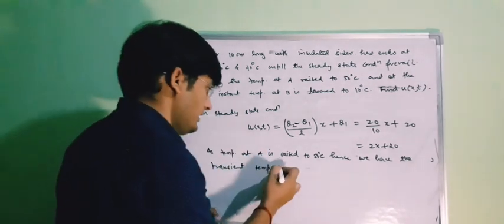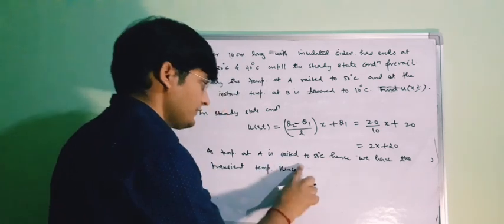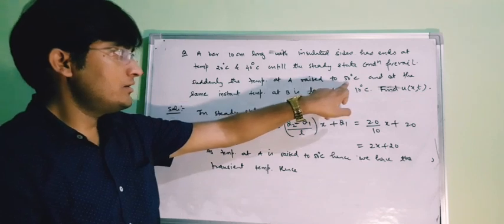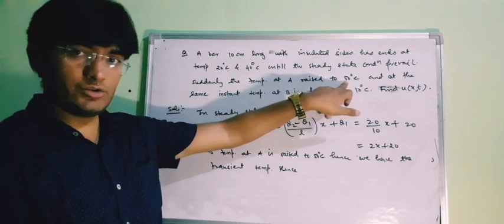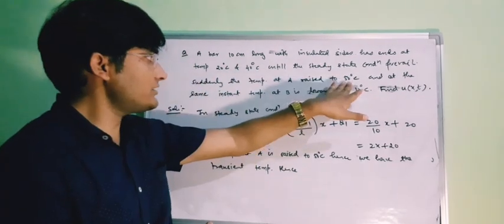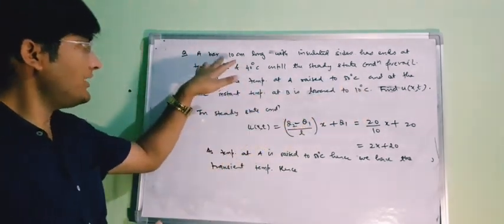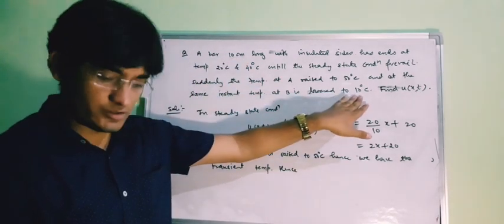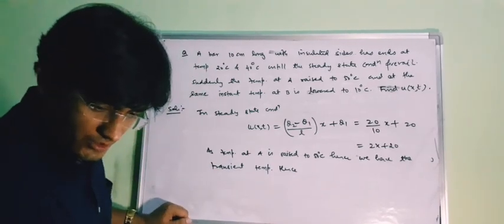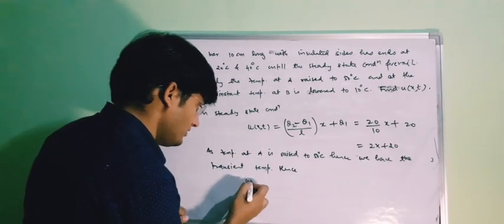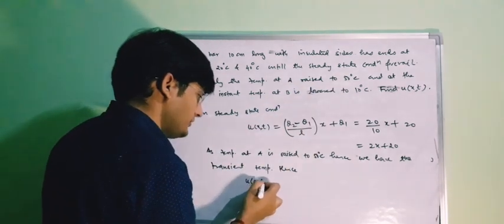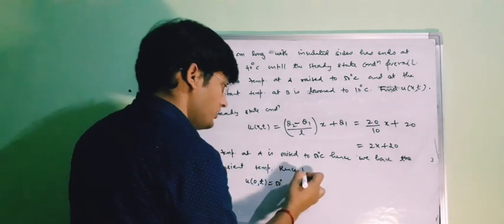Now you can see that at A, when x is 0, your temperature is 50 degrees centigrade, and when the bar has length 10 centimeter, your temperature is lowered to 10 degrees centigrade. So that means your boundary conditions are: when the length of the rod is 0, your temperature is 50 degrees centigrade.